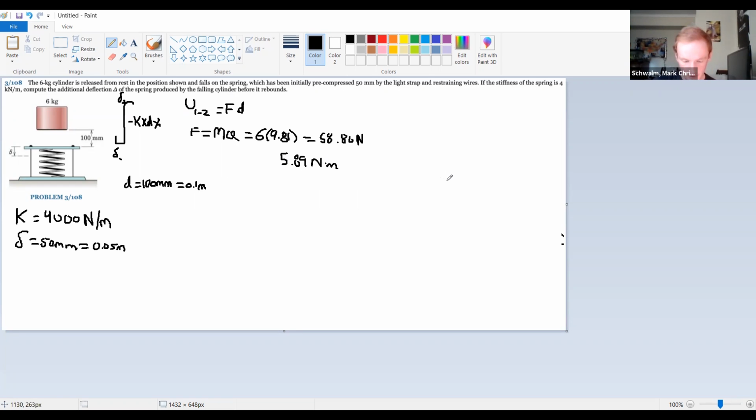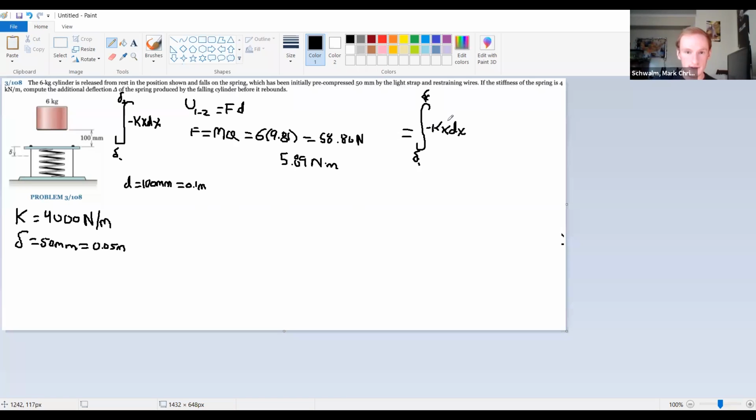All right. So then we're going to set that equal to, so once it comes into contact with the spring, we're going to set that equal to this little ditty over here. All right, so we have this initial, this final, negative k x dx.